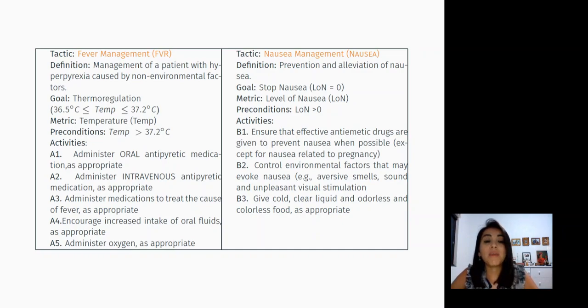Like for example, maybe administering a drug for nausea could cause some effects on the fever of the patient. Or maybe the drug effectiveness could not be the same because of the history of the patient. So even for this simple case, the combination of these activities between the tactics is very challenging.